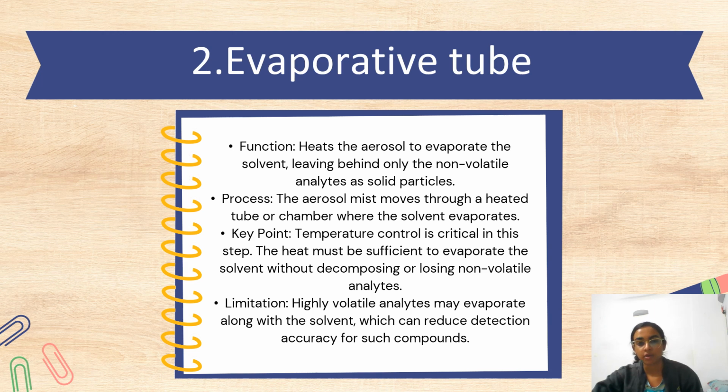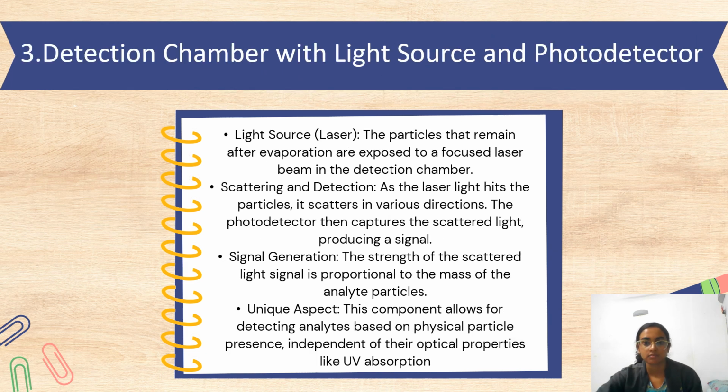An important point is that temperature control is critical in this step. The heat must be sufficient to evaporate the solvent without decomposing or losing non-volatile analytes. Its limitation is that highly volatile analytes may evaporate along with the solvent, which can reduce detection accuracy for such compounds.